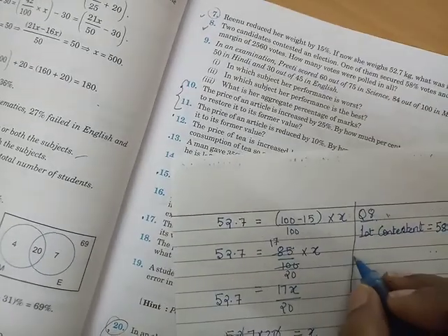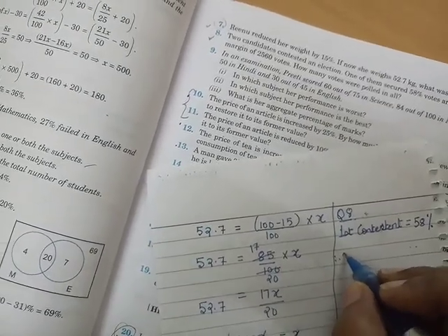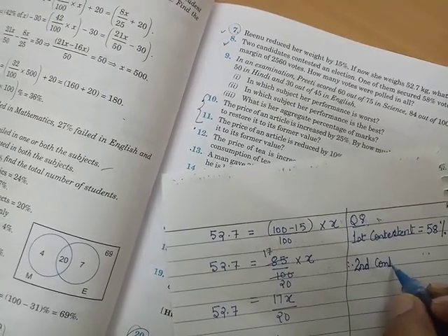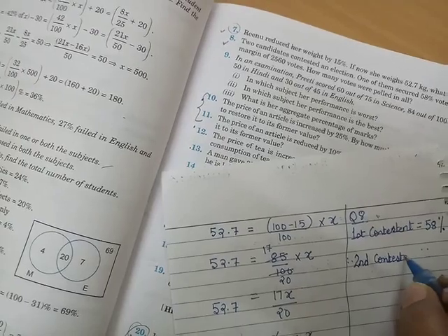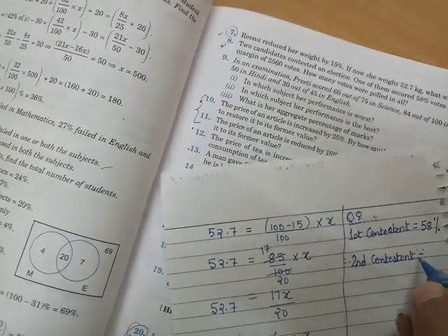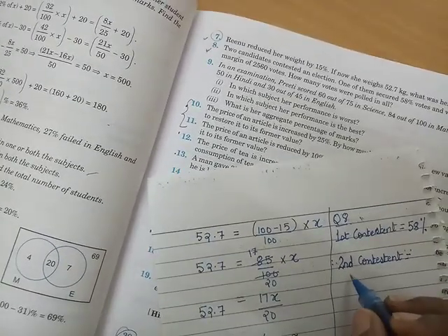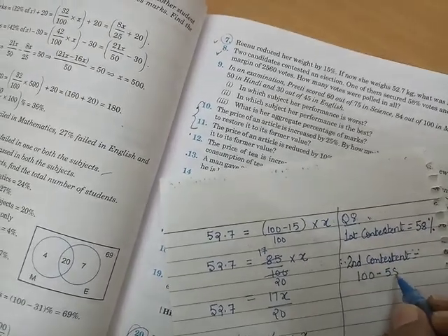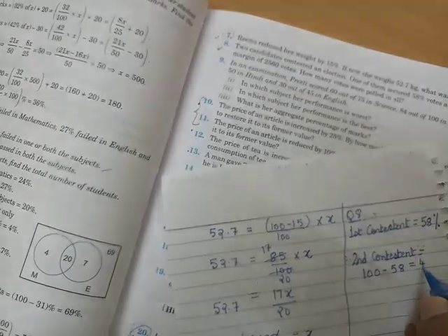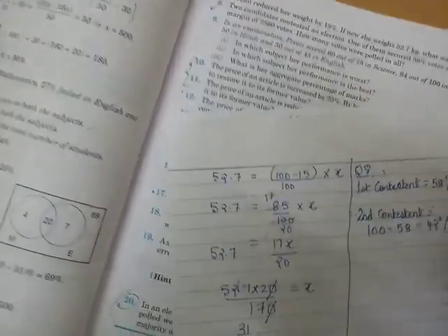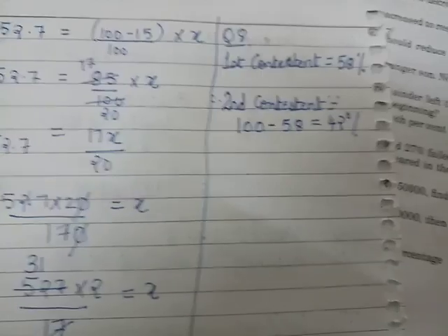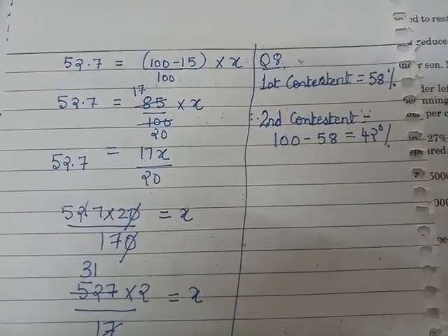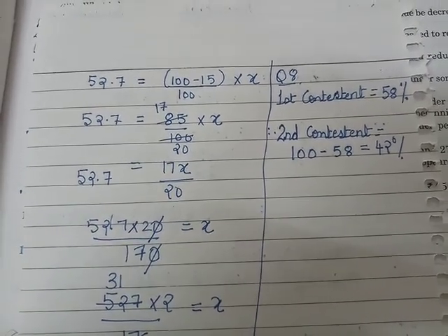Therefore the second contestant's percent will become: total votes are 100%, so 100 minus 58, that becomes 42%. So the percentage of the first contestant is 58, second contestant is 42%.